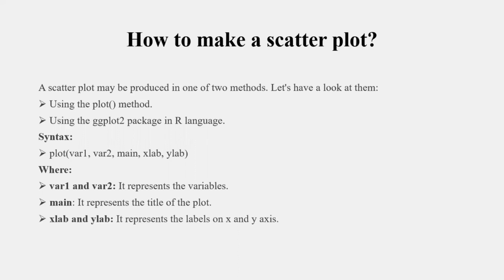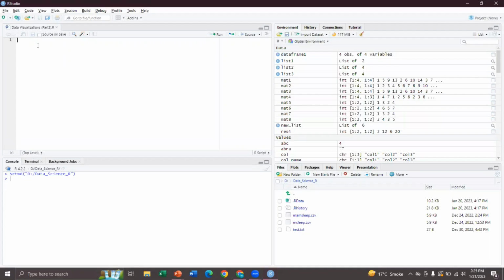So let's move to our studio, my working directory. The very first thing I will do is to read my dataset msleep using read.csv, and then I will say msleep.csv, and here head msleep.